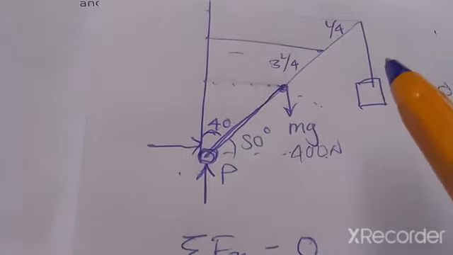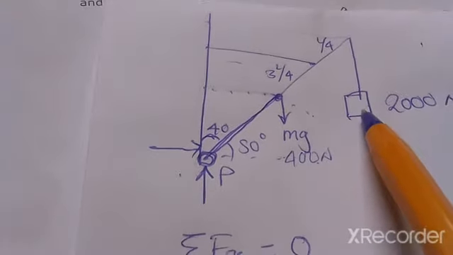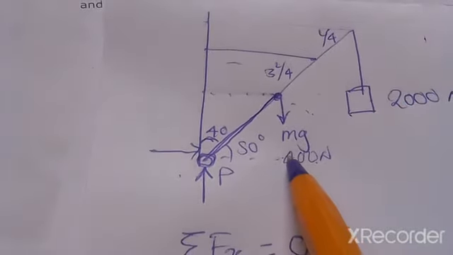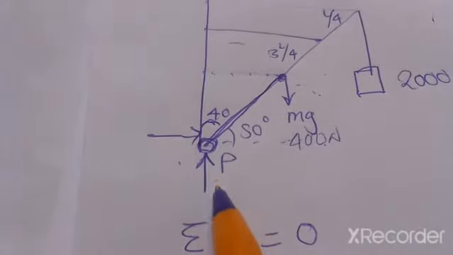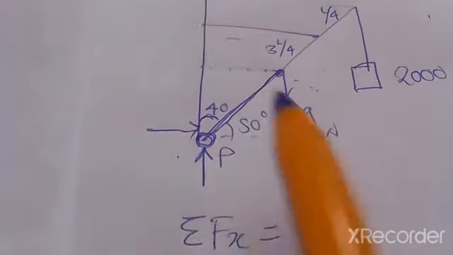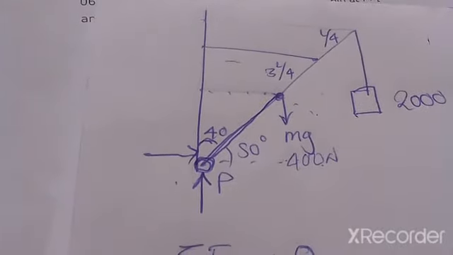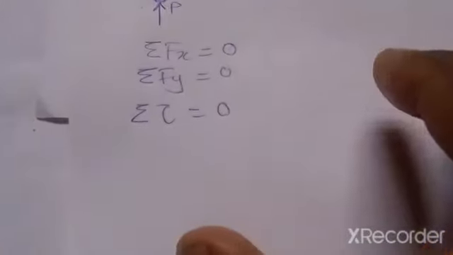Then in the y-axis we've got three forces. These two, the 200 Newton, the weight of the boom, and the force with reference to the P that's from the hinge that's going in the upward direction. And then we've got the tension as well. We are going to have to find the tension. So we'll start with the tension, just so that we'll not have a lot of unknowns.